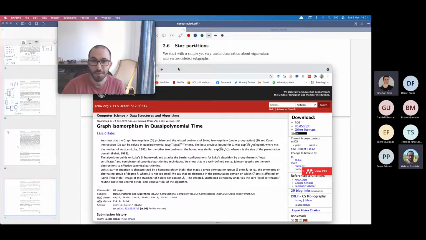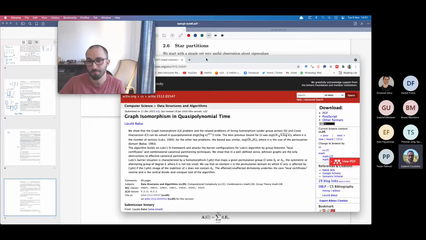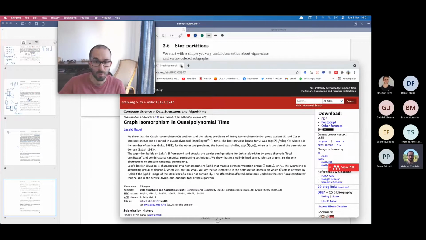Most graphs are not isomorphic. Most graphs have simple eigenvalues, so you can solve those easily. The graphs that cause problems are graphs with eigenspaces of large multiplicities, where everything is similar but the graphs are not isomorphic.